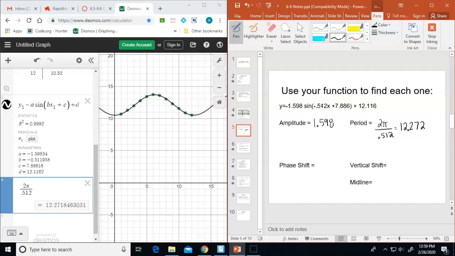That would mean that it's going in the opposite direction. So it's going to be negative C, so 7.886 over negative 0.512. I think we need to include that there. Yeah, ours is minus.